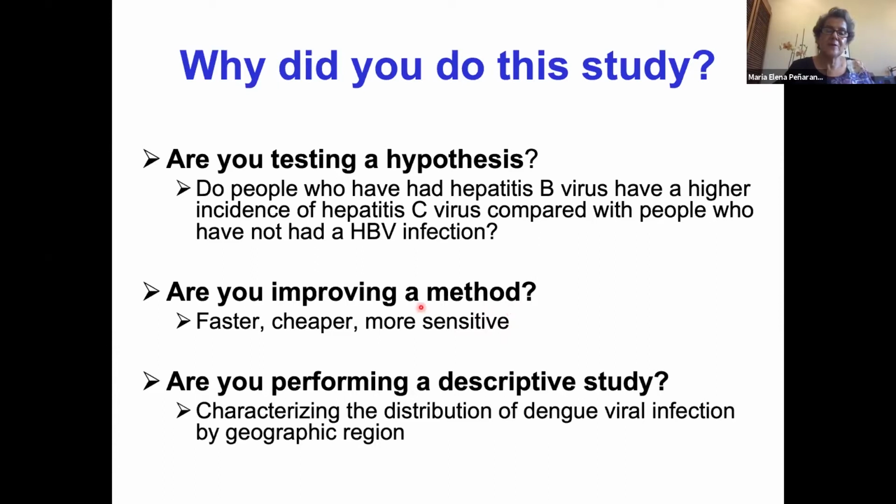So if it's faster, cheaper, better, more sensitive, more practical, then you do a methodology. Luisa was saying that a person found an important new way of scanning the brain, if I remember correctly, and then he published a methodology because it could be used for many other diseases.